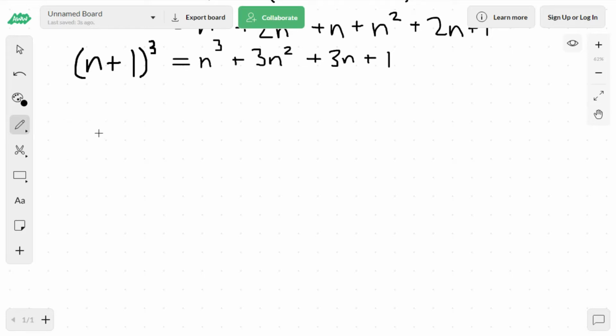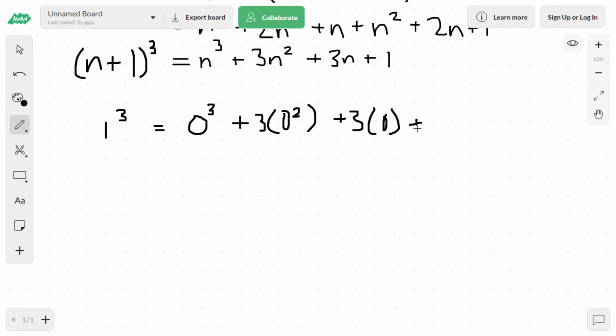Okay, cool. So then where are we going to go from there? Well, 1 cubed is technically 0 plus 1 cubed, right? So in this case, the n value would be 0. That means it's 0 cubed, which is just 0, plus 3 times 0 squared, which is still just zeros. This one's not all that interesting yet. Plus 3 times 0 plus 1.